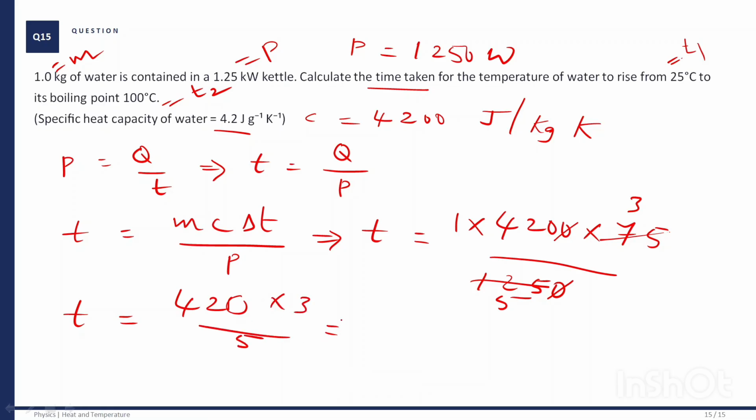That equal to, and that implies T equal to, please, boys and girls, try to multiply it. 420 into 3 is equal to 1260. Divide with 5 please.